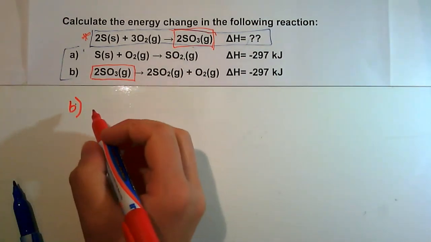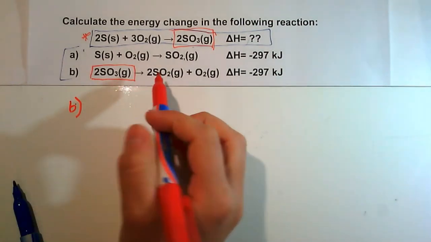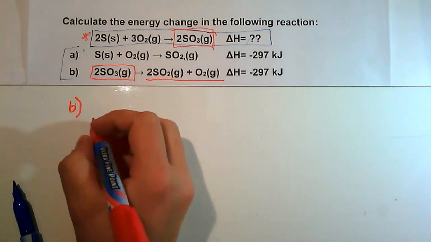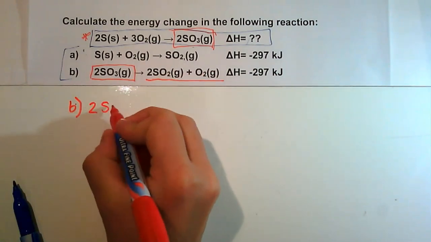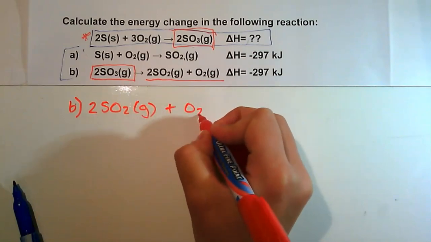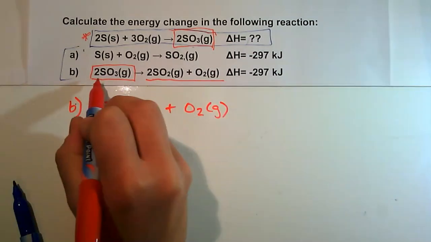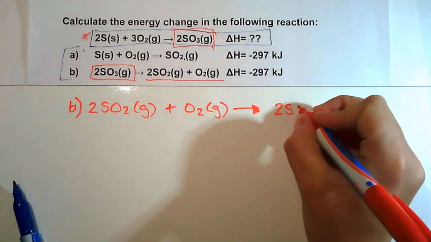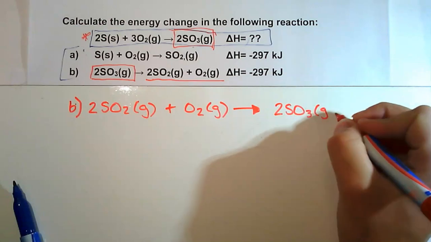So I'm going to flip reaction B around. My original products become my reactants, so 2SO2 gas plus O2 gas, and then my original reactant will become my product. Yields me the 2SO3s, and that's a gas.